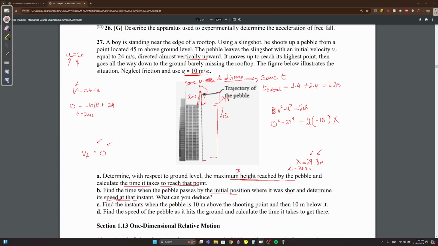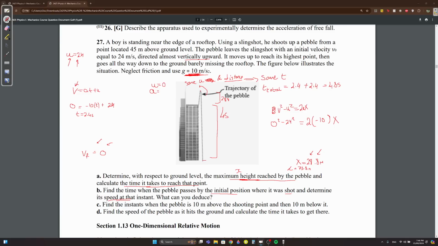And determine its speed at that instant. So let me erase a bit here. We know that acceleration is 10, and V equals AT plus U. When it's going back down, they want to find the speed. Forget about all the stuff I did over here, going down, the initial velocity is 0.